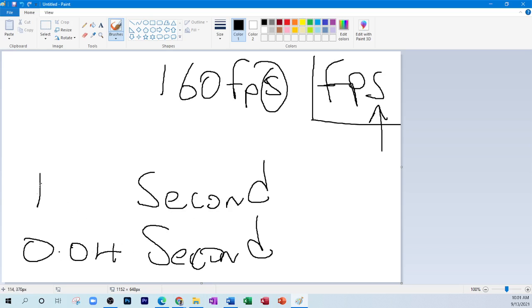So divide 1 by 0.04 and tell me how much you get. Yes, or 1 divided by 0.04. How many times can 0.04 go into 1?